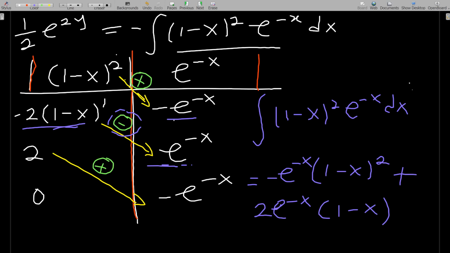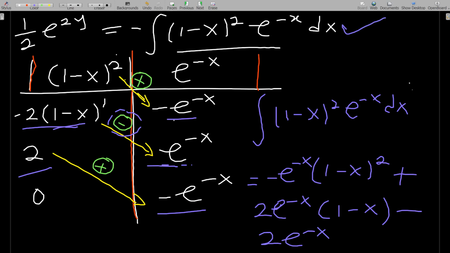I hope this is cool, right? So then you add it to the product of this and this. Now 2 times negative e to the negative x, you have minus 2, but I multiply by a positive, and you have minus 2 e to the negative x. So this is the solution to the integral side here.